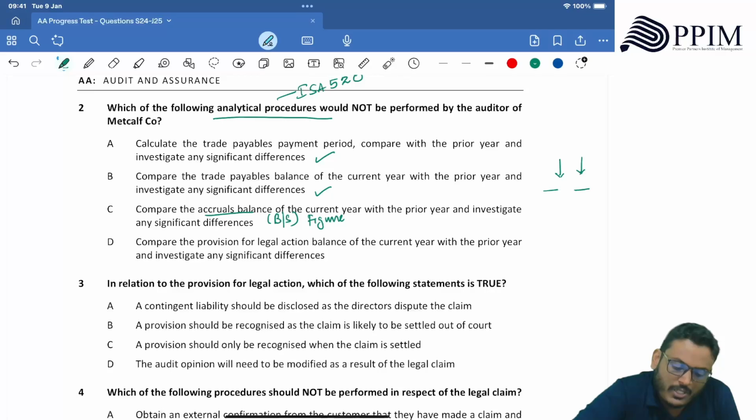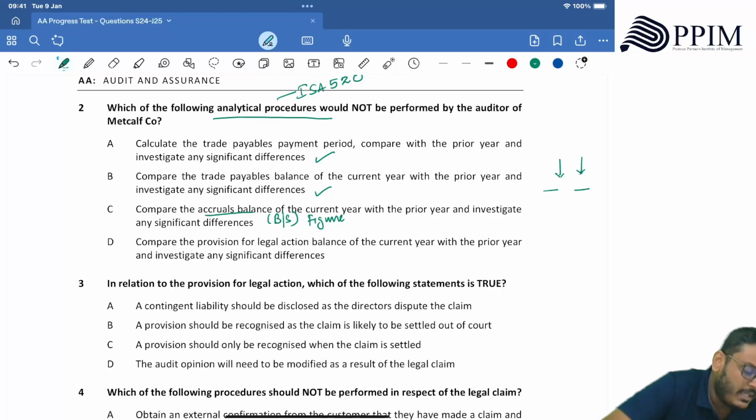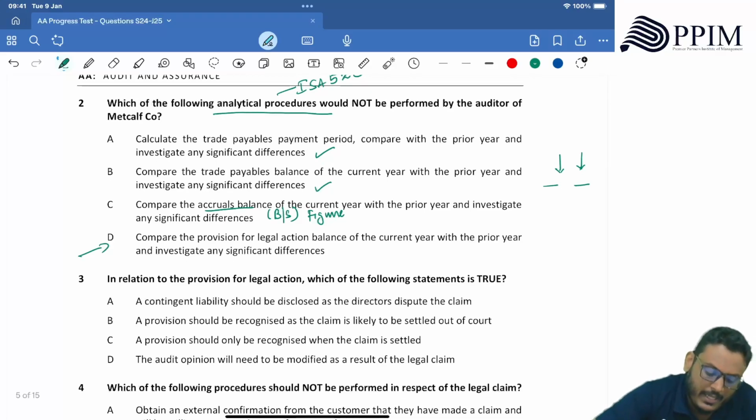Compare the provision legal action balance of the current year with the prior year, investigating significant variance. Here see, the legal provision is not a balance. It is expected to exist on a regular basis. Fine. So if you look at legal action, it is not a regular basis.